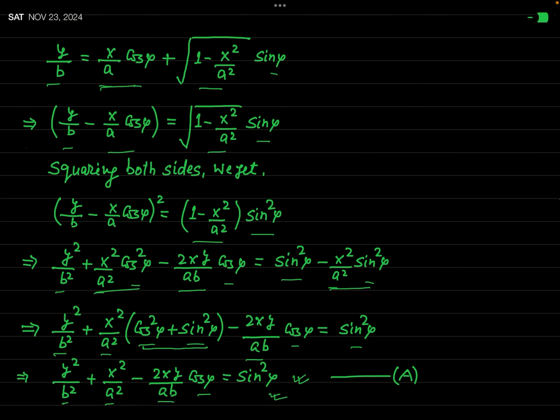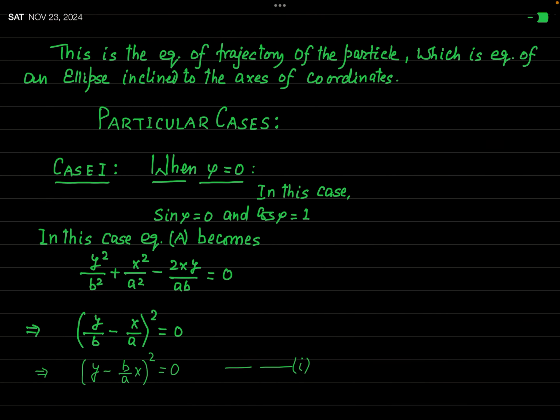So let us now analyze the different situations. First of all, we will see when phi is equal to 0. When phi is 0, it means both SHMs are in the same phase, no phase difference. Then what will be the path of motion? We will now see.